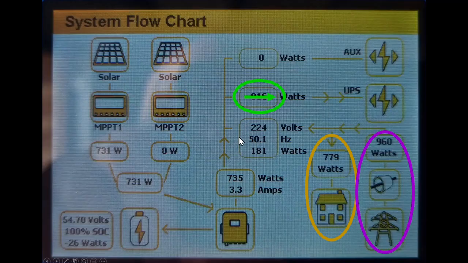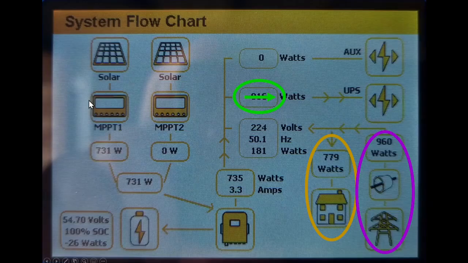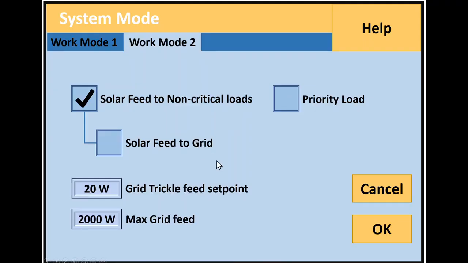So, in this version here, where none of the boxes are ticked, you've got power flowing to the critical loads. You don't have power flowing there, and you don't have power flowing there. The second option is you tick that box, solar feed to non-critical loads. That one is not ticked.